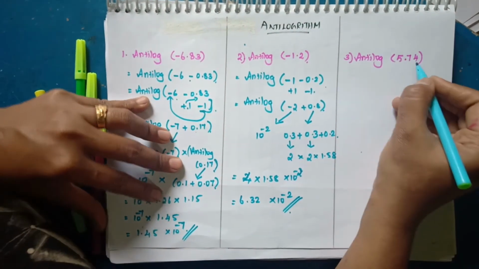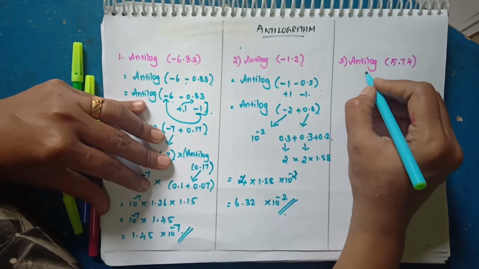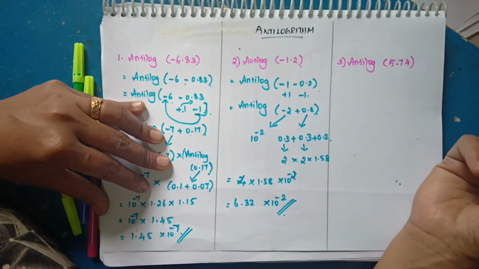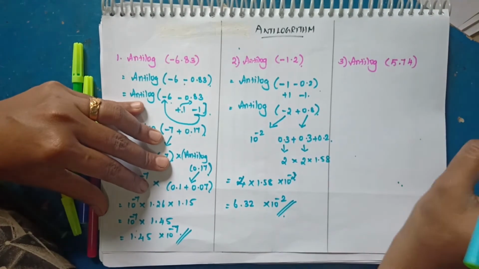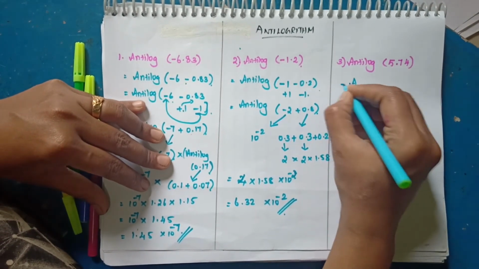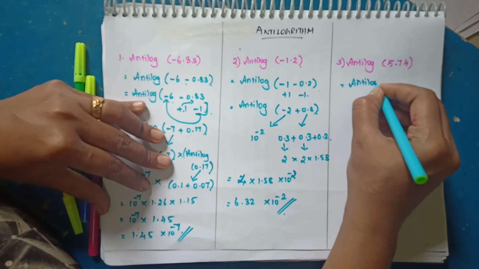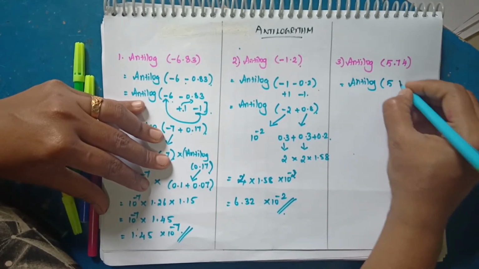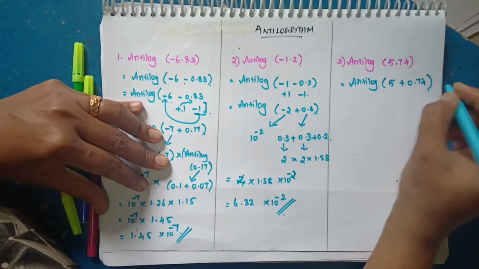Okay, so next one. Now we are going for the positive logarithm, anti-log. If it is a positive anti-log, no need to add the plus 1 minus 1, directly you can go and check it out. See, anti-log of 5 plus 0.74.